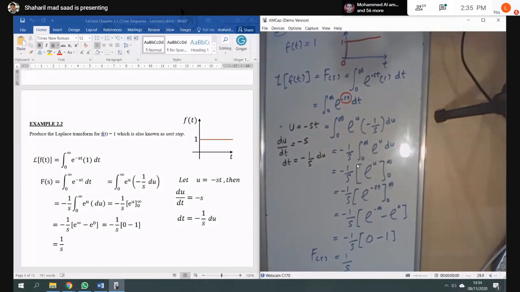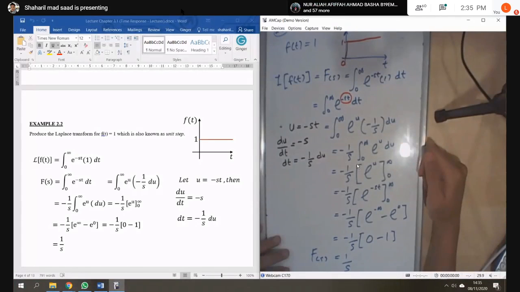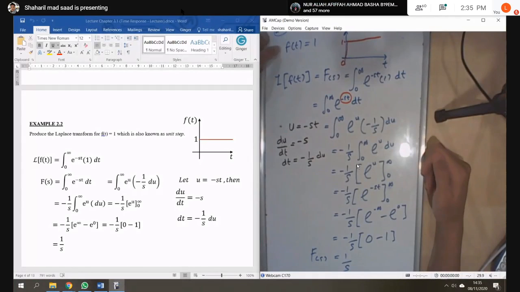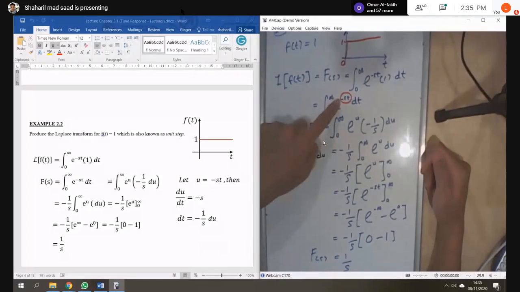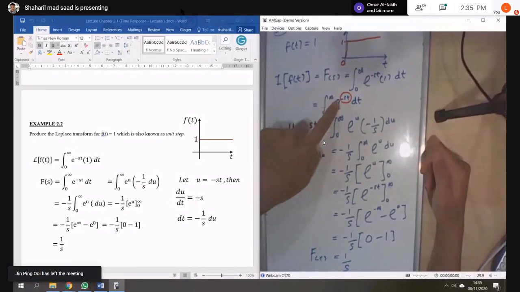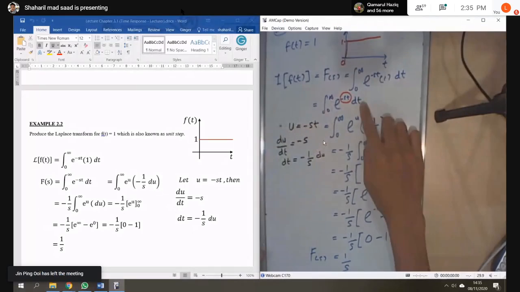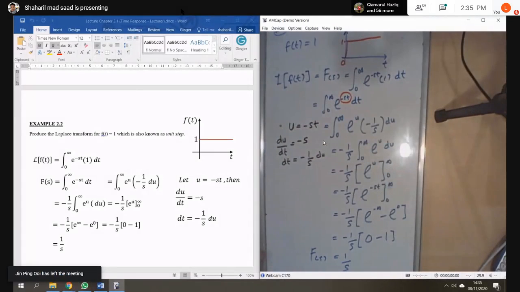This is the solution for how to convert from the time domain to Laplace: you need to multiply with e to the power of minus st. Okay, done, and you paste this one. No questions, right?